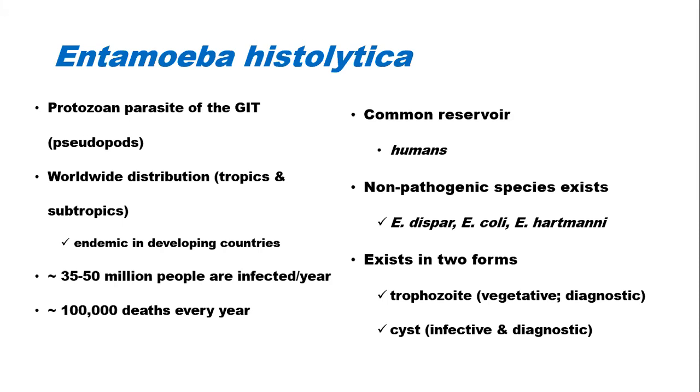Just like Giardia lamblia, Entamoeba histolytica exists in two forms. You have the trophozoite. Again, this is the actively dividing and metabolizing form, so we say it's the vegetative stage. It's also diagnostic if you find it in the stool sample of patients. You also have the cyst, which is both infective and diagnostic.